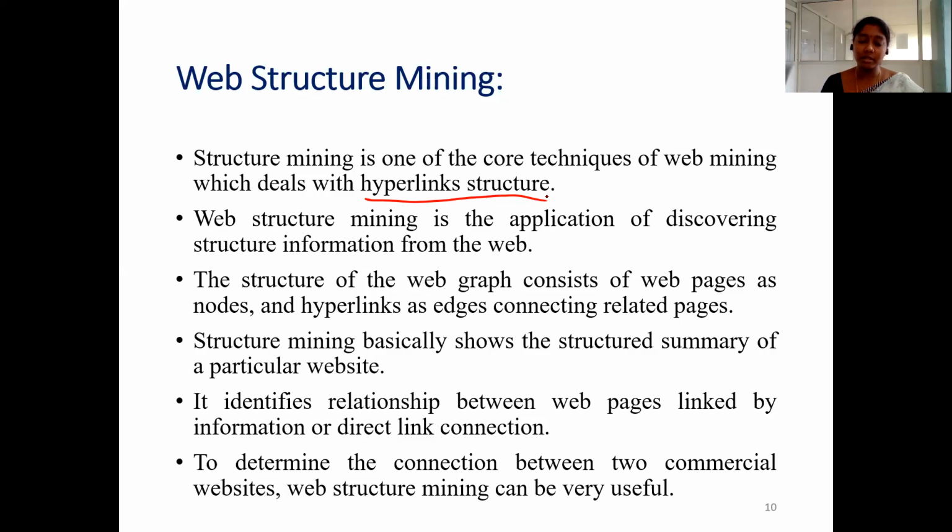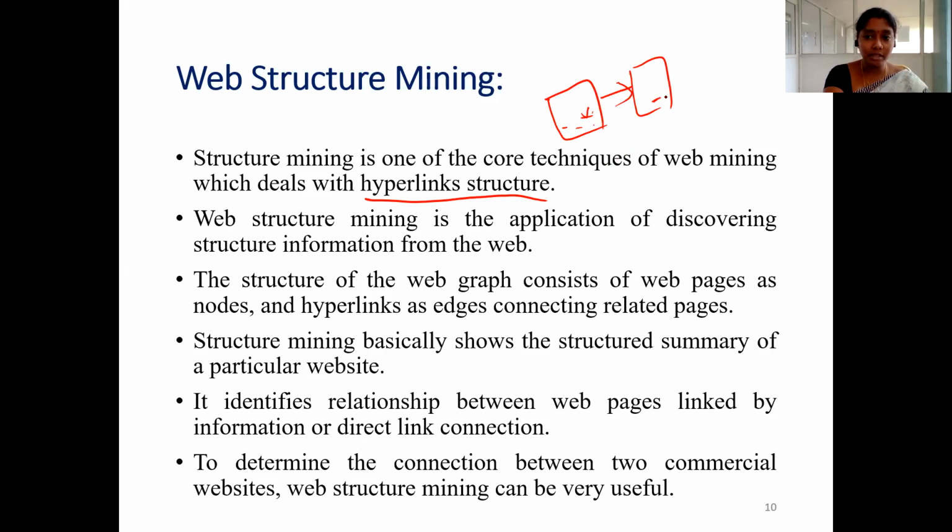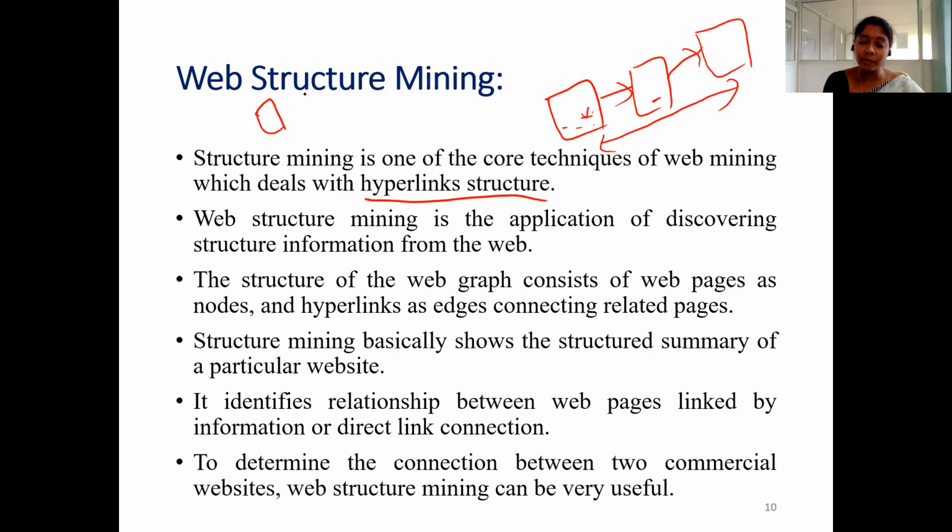Just now I have shown the hyperlink. Suppose this is a CRD website and there you have some hyperlink. If you click this, you can be redirected to some other page. And if you click something else, you can again be redirected to some other page. So all the path is there. What is the home link?